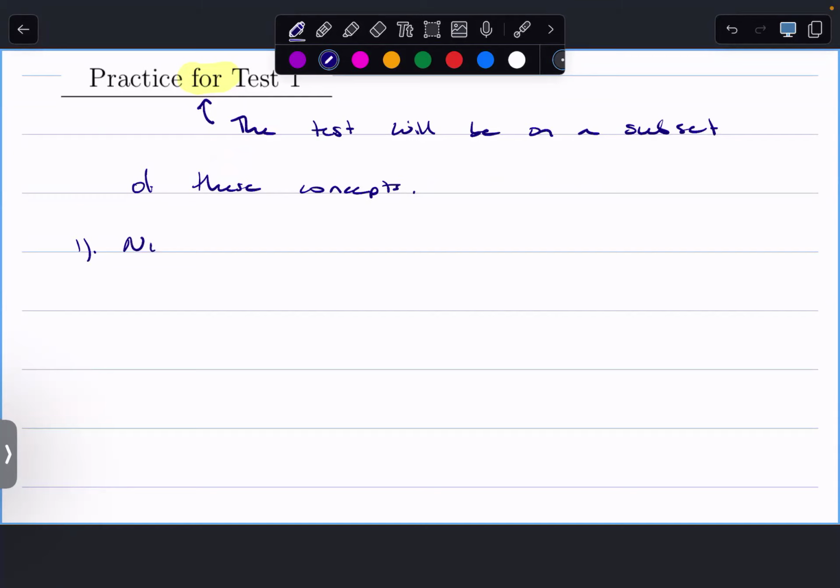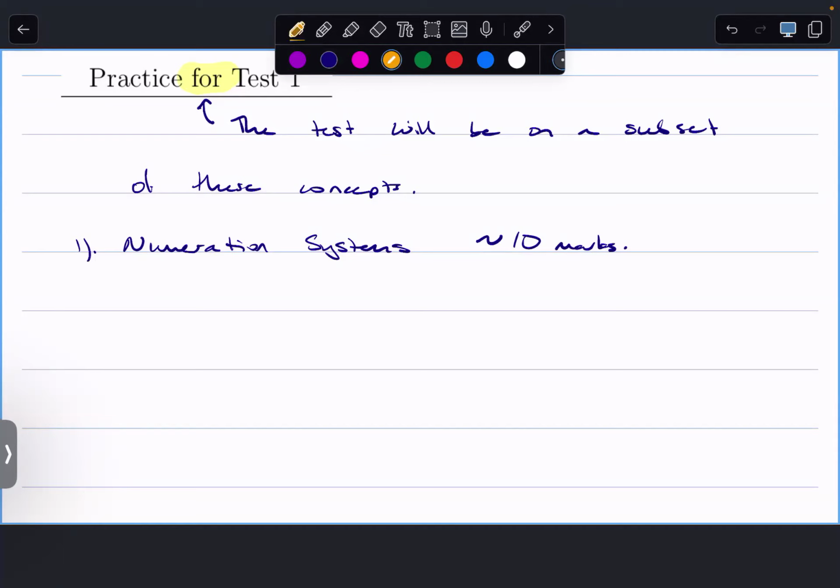And so numeration systems, I'll say roughly 10 marks, versus, I don't know how many there are on that practice, but there's quite a bit more just to show you all the different options.